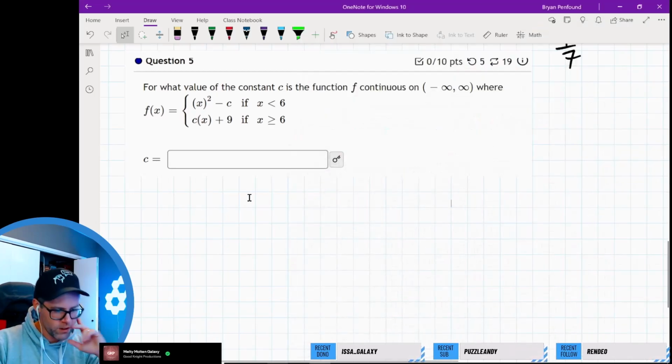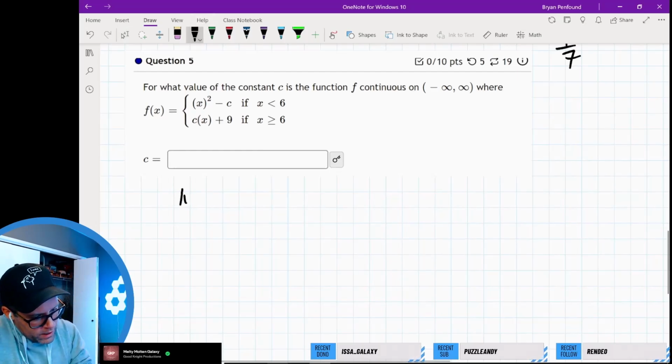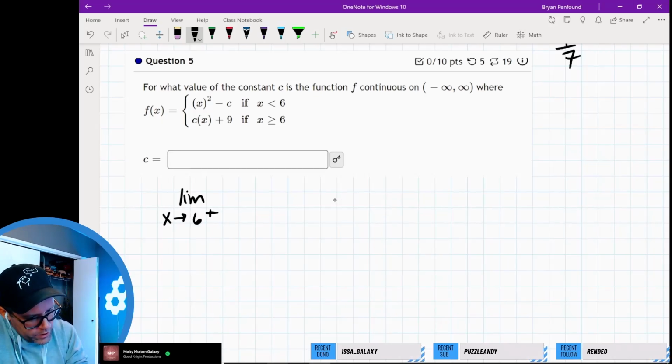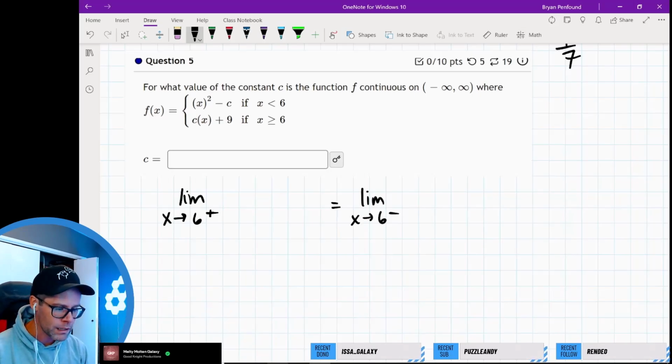Okay, so let's see if we can figure this out algebraically. What we need is the limit as x gets close to 6 from the right to be equal to the limit as x approaches 6 from the left. So we want to make sure that this jump discontinuity does not happen.